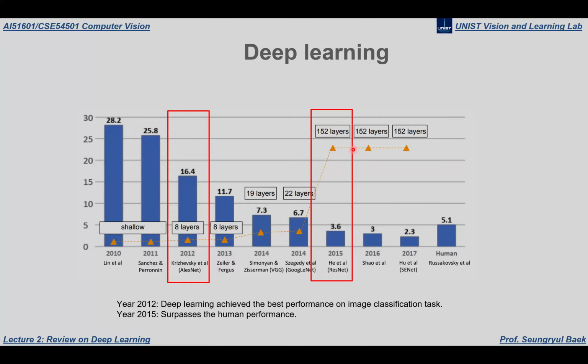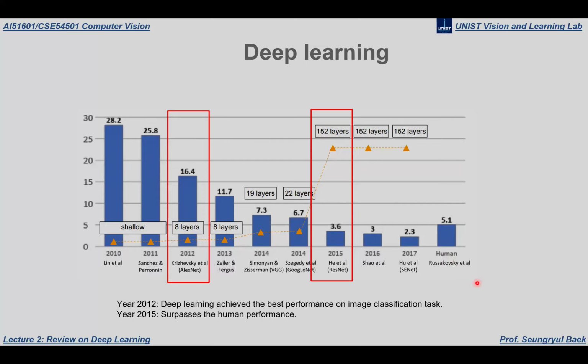So the research trend is to increase the number of layers in deep learning architectures, and you can see the error rate gradually reducing. At the rightmost, you can see the human performance on this ImageNet challenge. Even humans are sometimes confused, because for some images they are not familiar with the object.